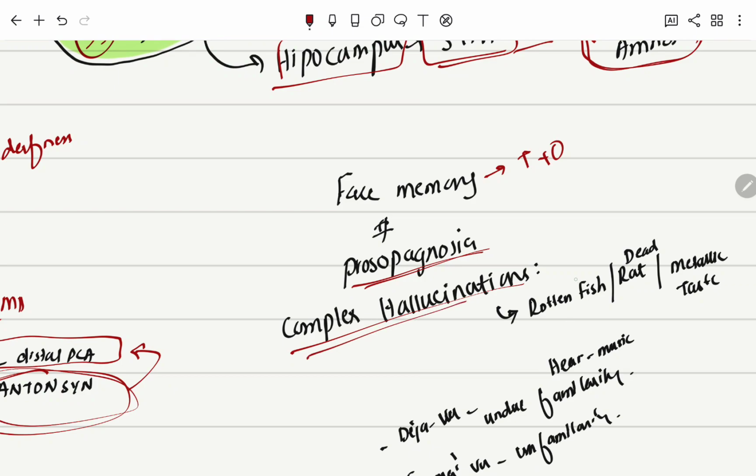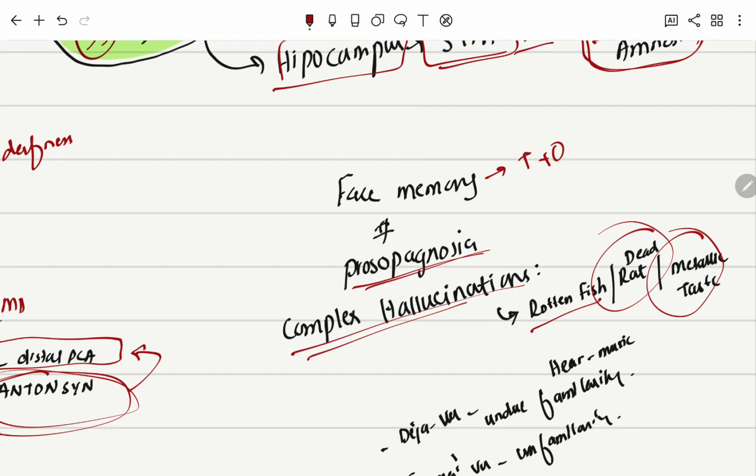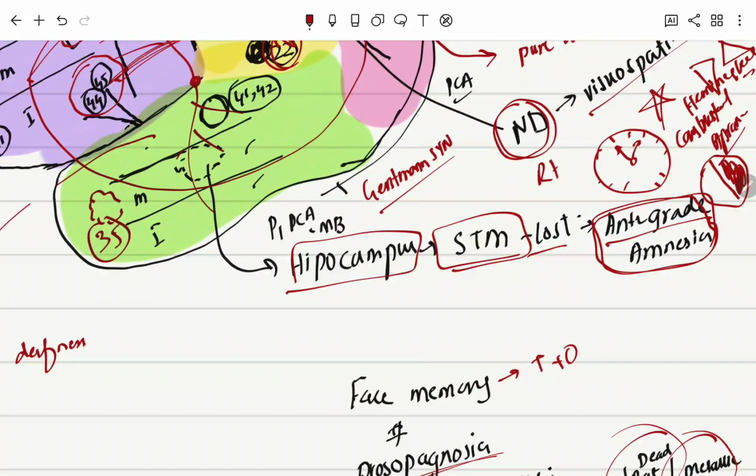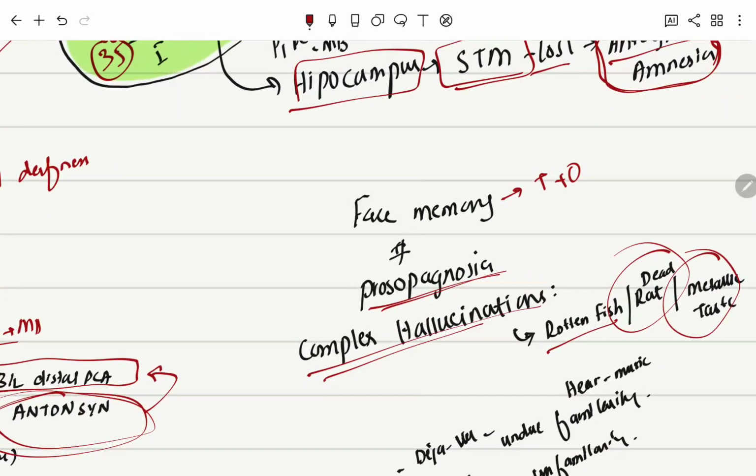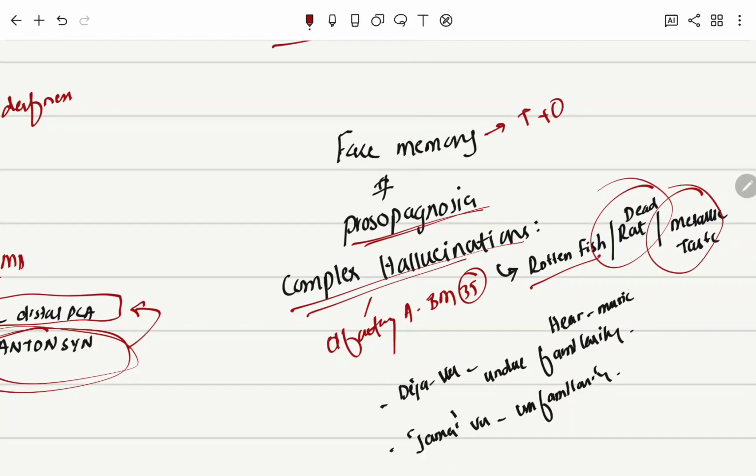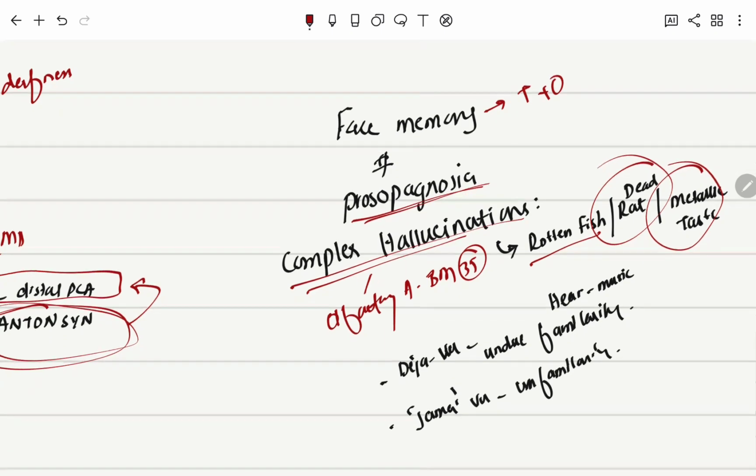The patient might smell rotten fish or a dead rat, and feel a metallic taste in the mouth. We have the olfactory area, Brodmann area 35, on the medial aspect of the temporal lobe. When there's damage to that, we'll have complex hallucinations.